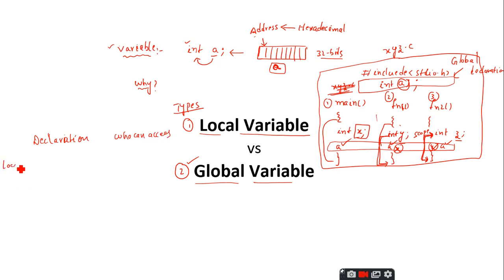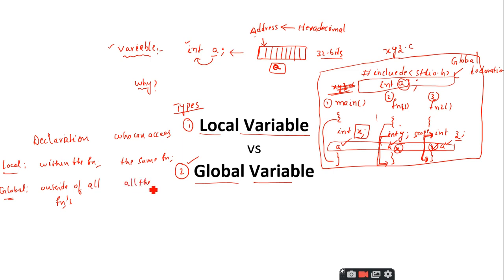So if it is a local variable, declaration is within the function, and who can access it? The same function can access it. But if it is a global variable, it is declared outside of all the functions, and who can access it?